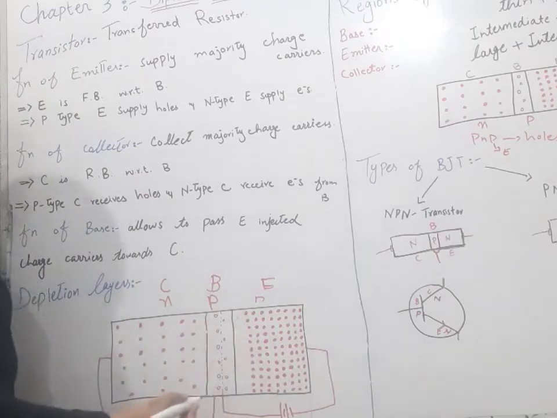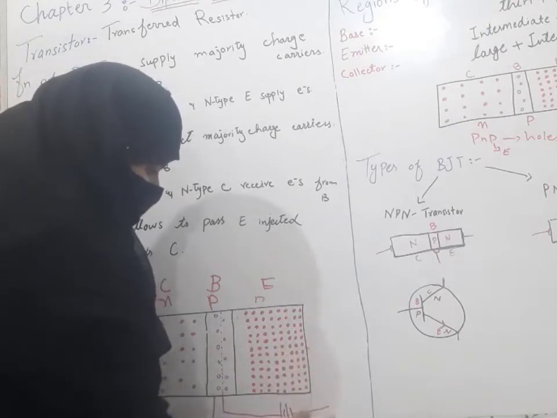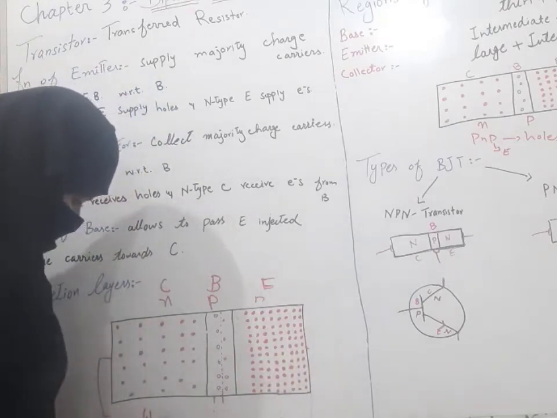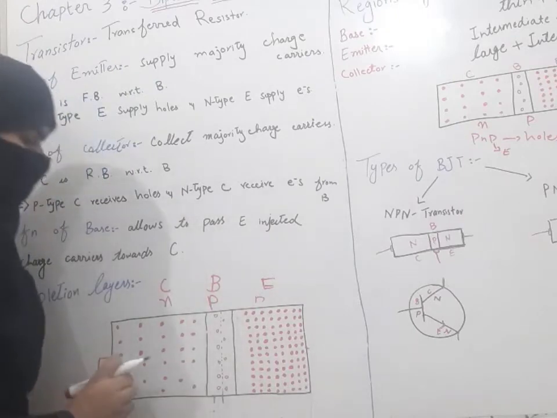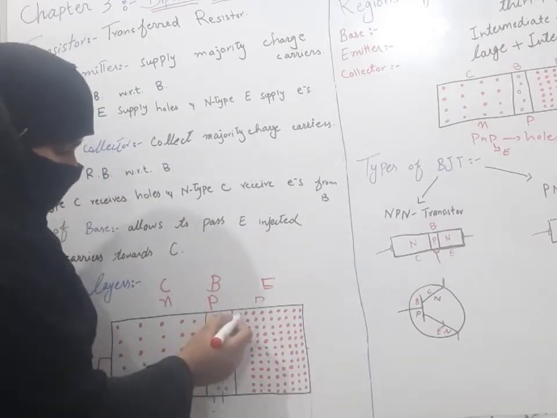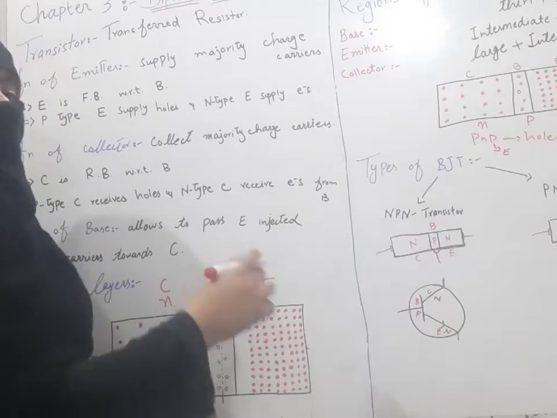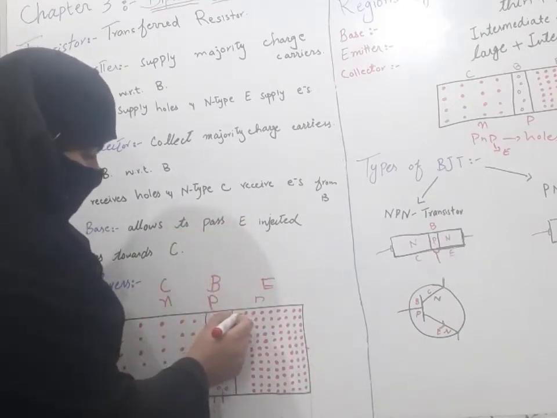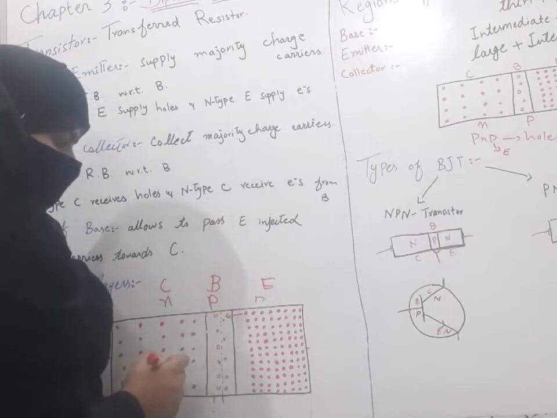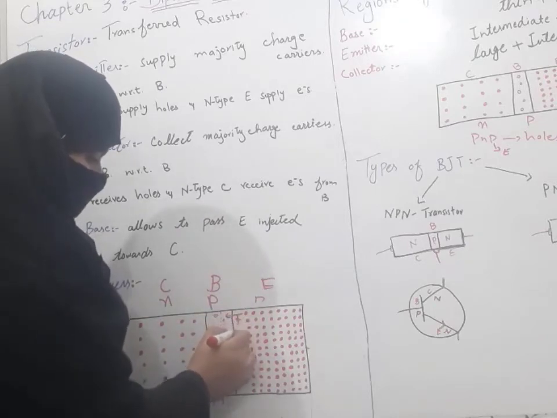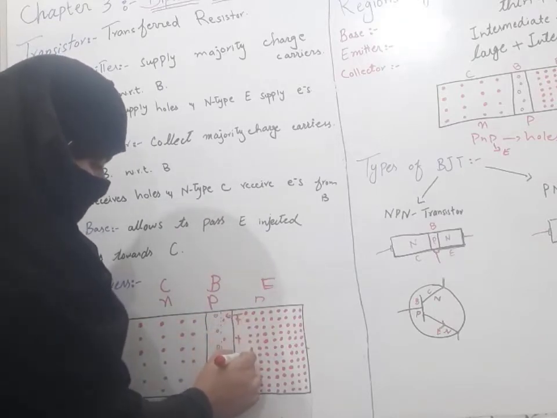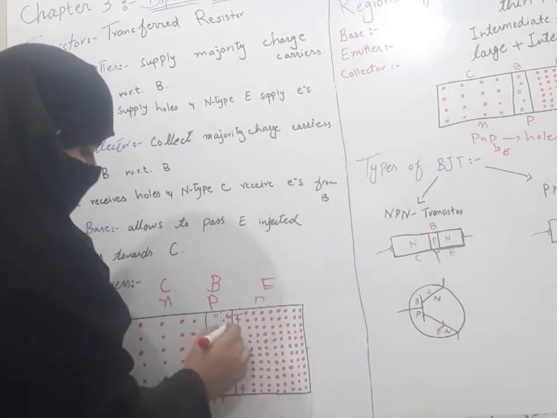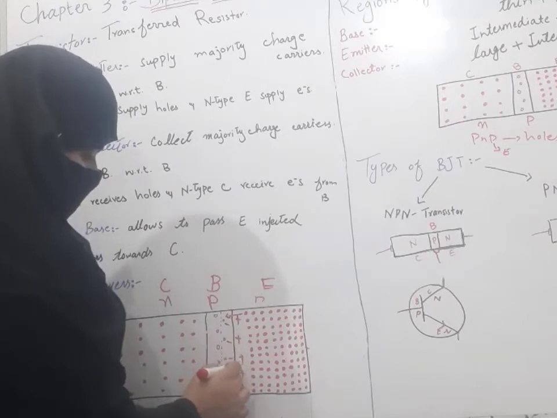Now before applying the biasing, when no battery is applied, electrons will move from the n-type emitter to the p-type base, in this direction, and there will be a positive potential and a negative potential.